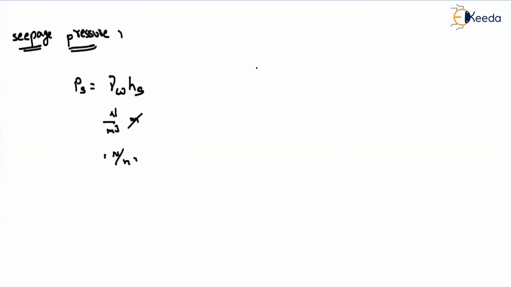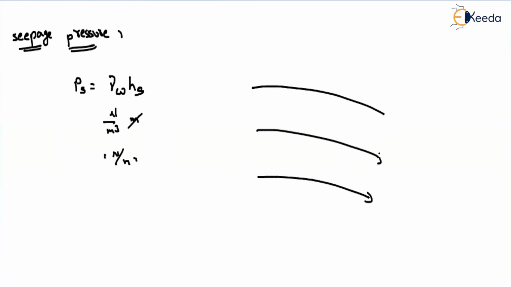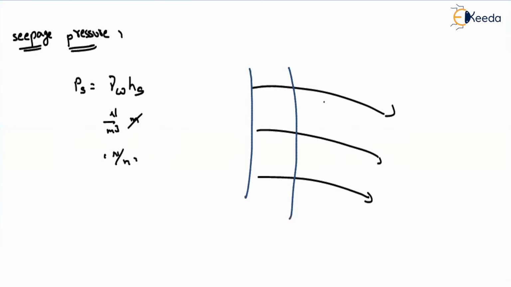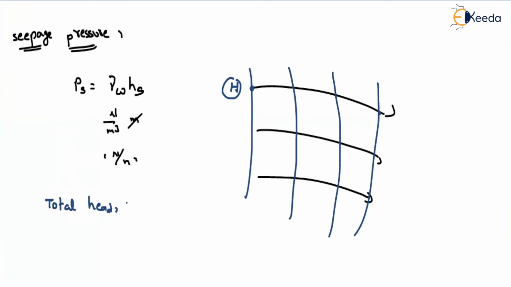So here, let us consider these are nothing but flow lines, and let us imagine these are nothing but equipotential lines. So let us say that the flow is starting from here and the flow ends at this point. Okay, now at this point, let us say that the total head available is capital H. So here I am writing total head, that is nothing but capital H. As the flow is happening through the soil, the head loss will happen.